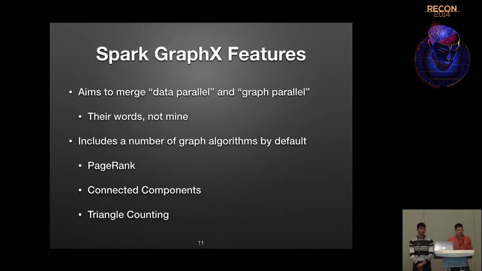This is kind of a weird semantic argument that I don't quite understand, but it's still very new to me. They also have a bunch of algorithms you can use by default. PageRank seems to be the most common example algorithm that a lot of these graph processing libraries include. So I'll turn it back over to Jasiel.